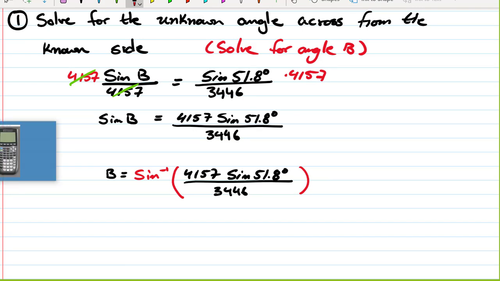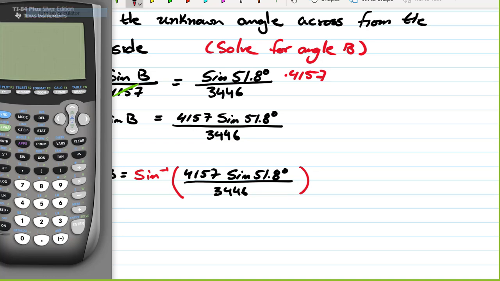So we grab our calculator and we ask it very nicely. And we say, what is the inverse sine of 4157 times the sine of 51.8 all over 3446.